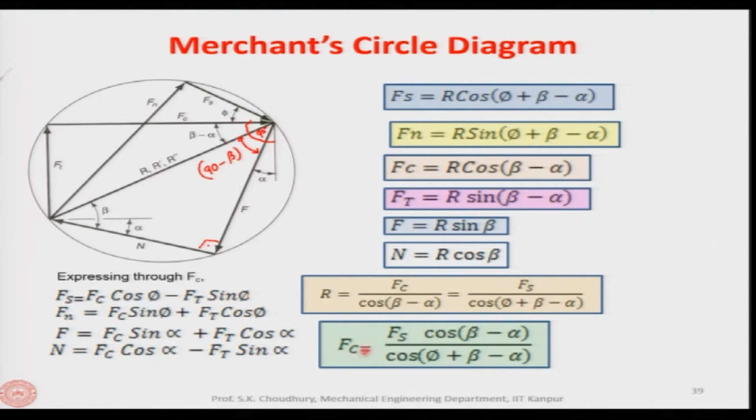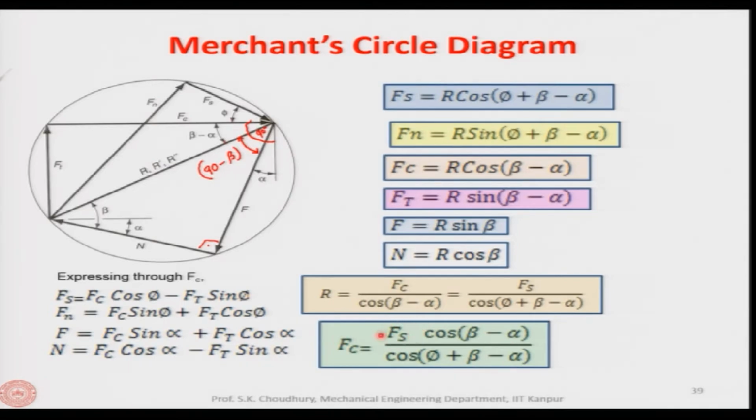That does mean that if we know Fs and the friction angle, shear plane angle and the rake angle, we can find out analytically the value of Fc without machining.